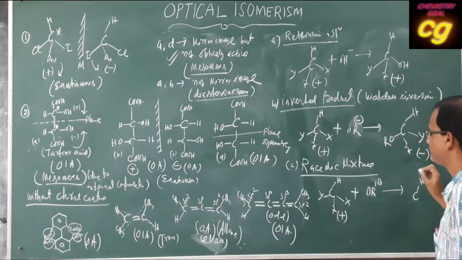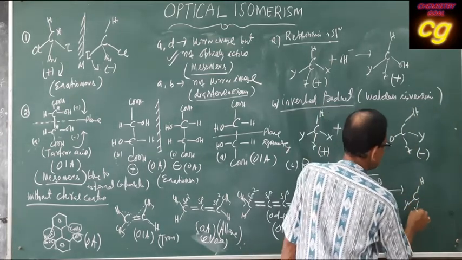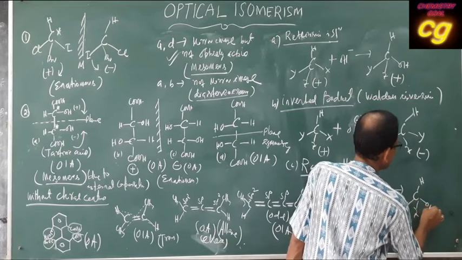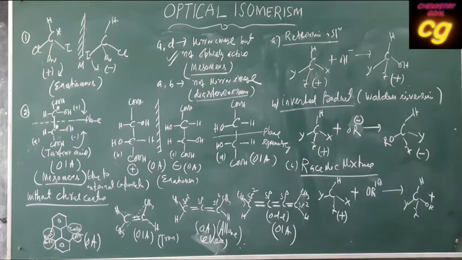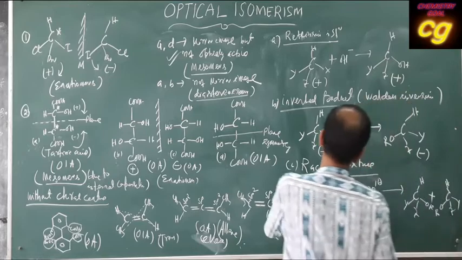The product is like this: H, Y, Z and OR, and the other just opposite: H, OR, Y and Z. See what happened here.